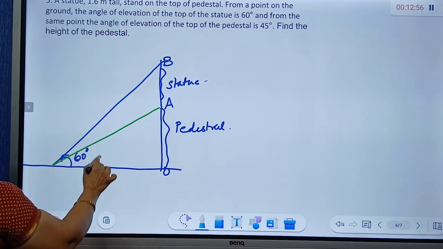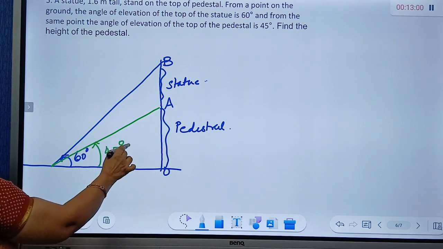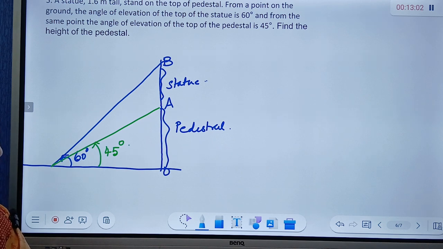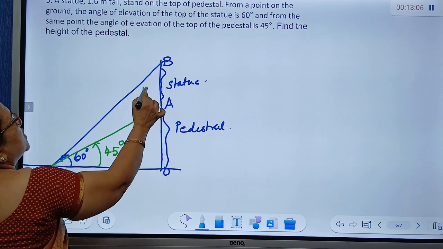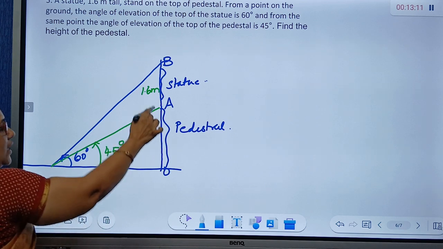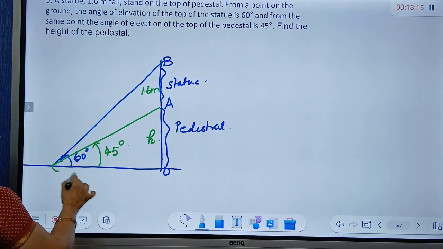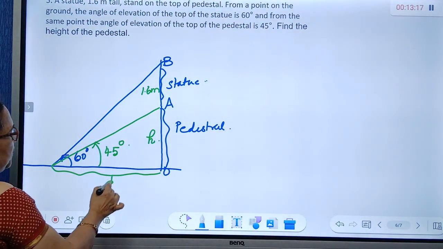Is 45 degrees. This angle is 45. Okay. Now, anything else is given? The statue is 1.6 meters tall. We don't know the height of the pedestal. We will keep it as h. This distance also we do not know. We will keep it as d.